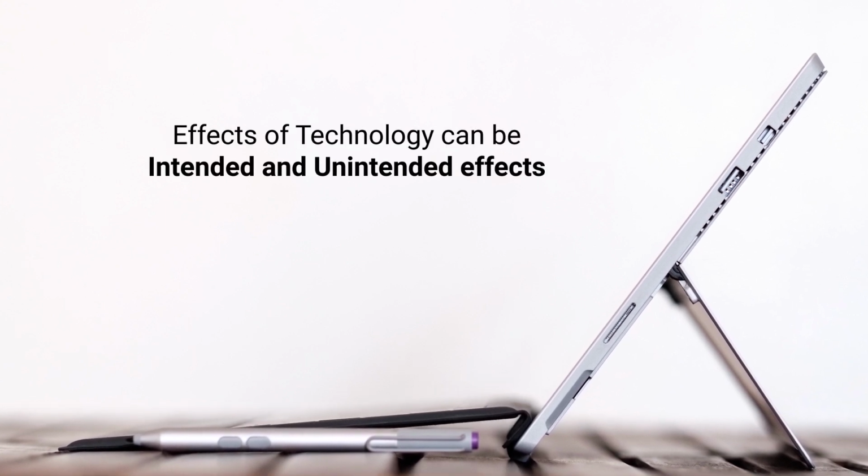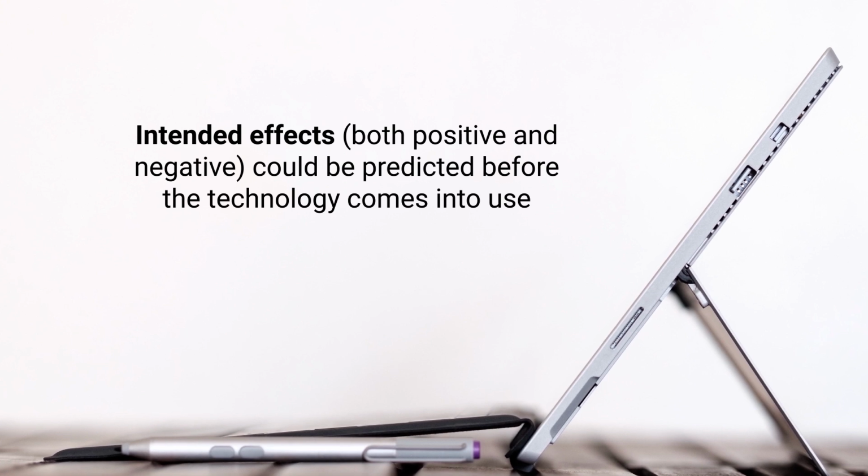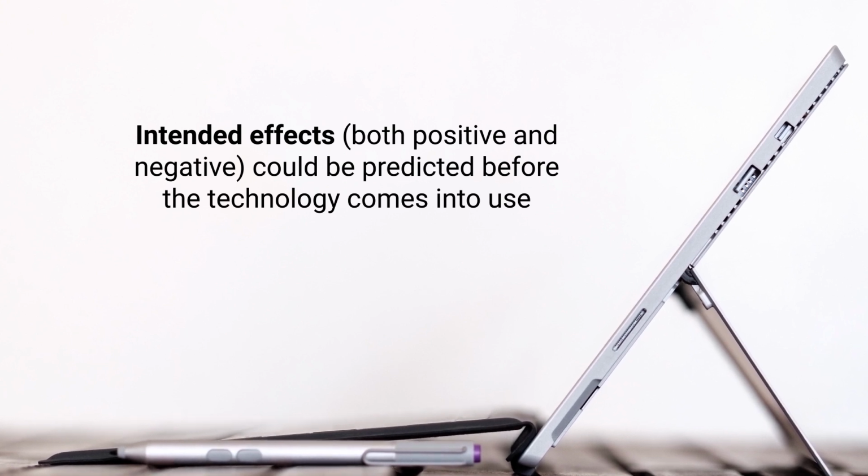Now, effects of technology can be of two kinds, intended or unintended effects. Intended effects of technology could be both positive and negative, but whether they are positive or negative, they can be predicted. So, intended effects are those which can be predicted before the technology comes into use.